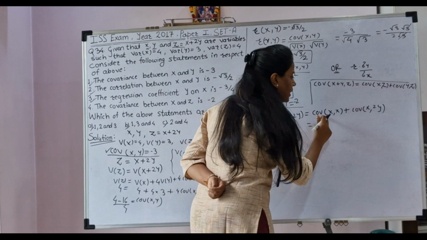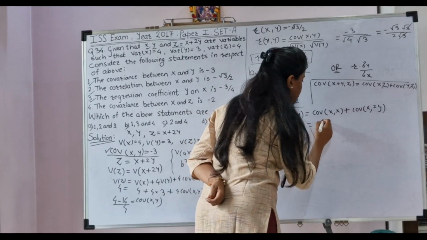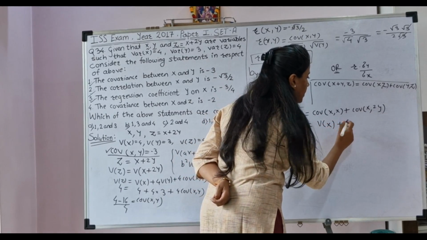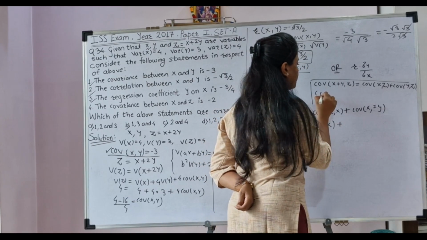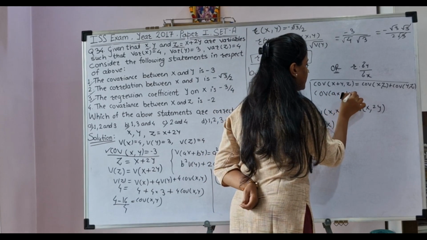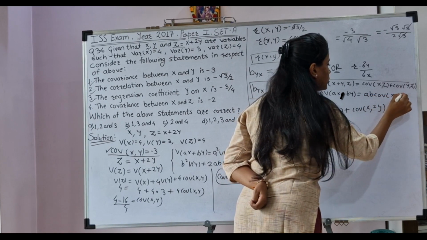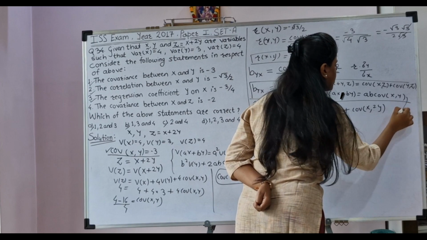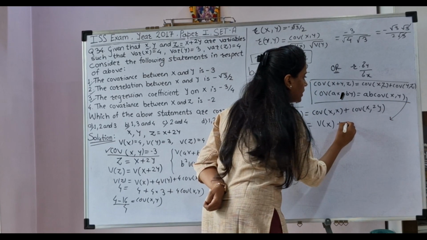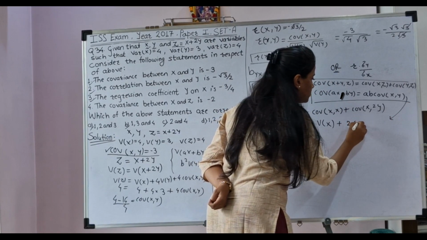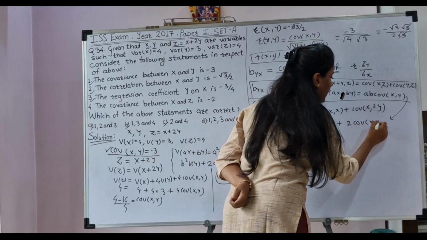Now covariance of xx means what? It is variance of x, right? Plus covariance of ax, by is ab covariance of xy. So now this formula we will use and we will get here 2 times covariance of xy.